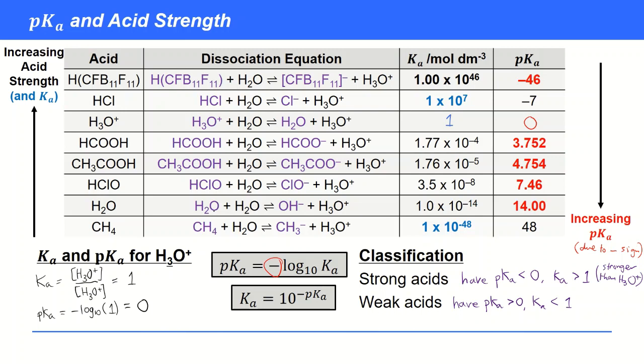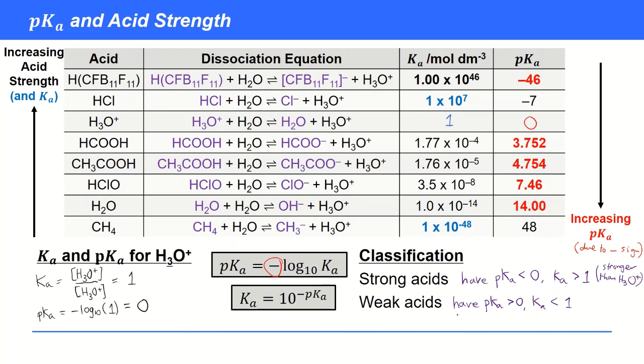Now when it comes to water, water marks another kind of watershed, and the reason for that is because if you react a base with a particular molecule that you're trying to make be an acid, then because these molecules are all stronger acids than water, they will be reacting with the base in preference to water. However, once you have an acid which is weaker than water, if you put a base into the solution, it just reacts with the water instead of with the acid.